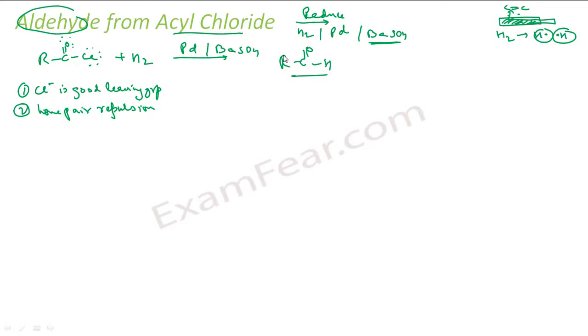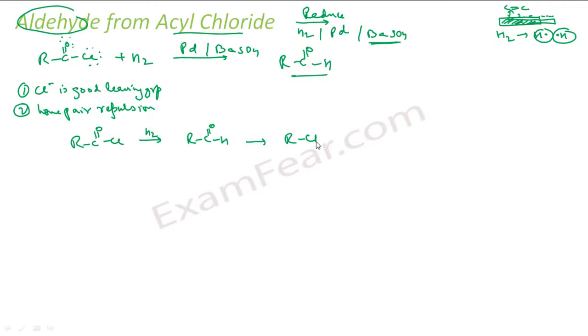Now the reason why we add BaSO4 is we want to poison the surface, because if we don't poison the surface, this palladium attracts electron rich compound, right? So if you don't use BaSO4, what will happen is, I'll show you this. You have RCOCl, right? You do a reduction, it becomes RCHO.